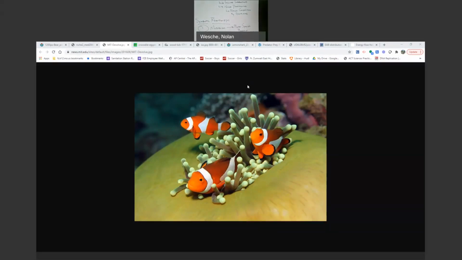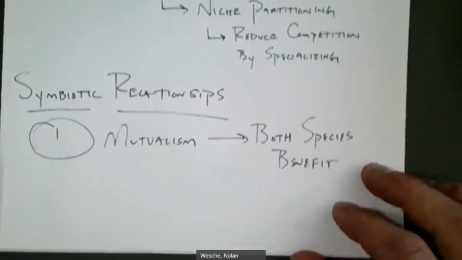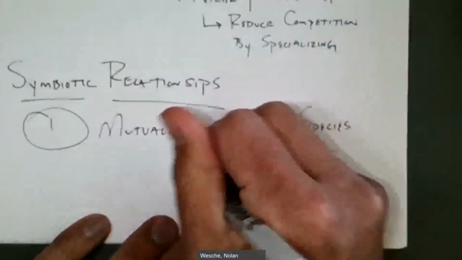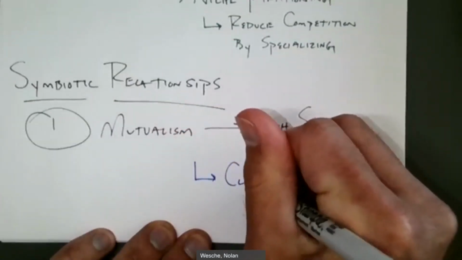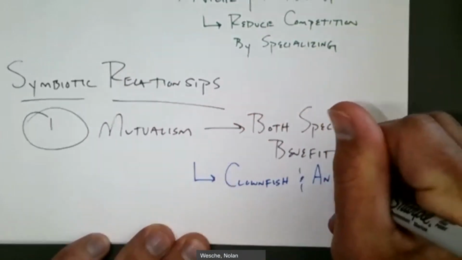So this would be an example of mutualism where they're both benefiting from this relationship. So again, let's make a note of the example here because it is a common one. And this is the clownfish and this anemone.